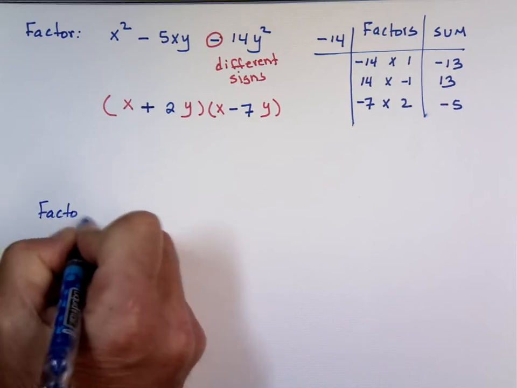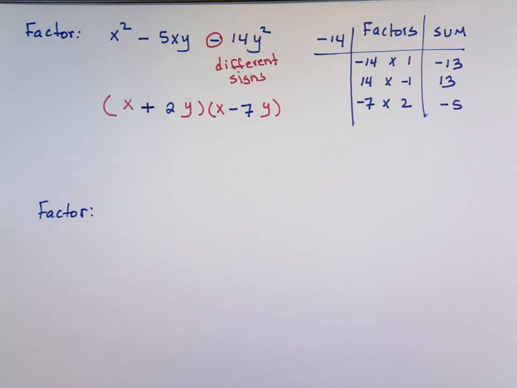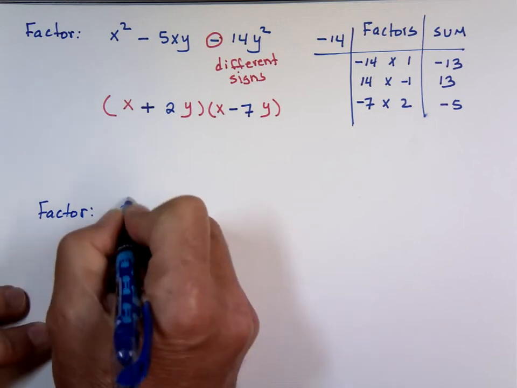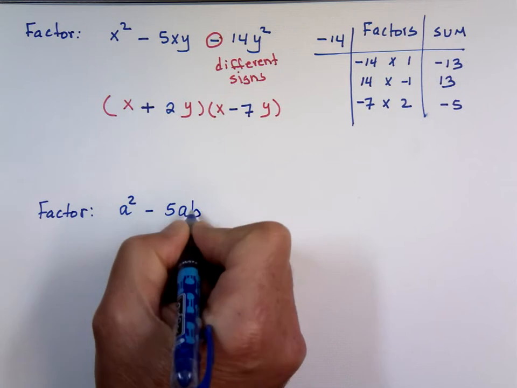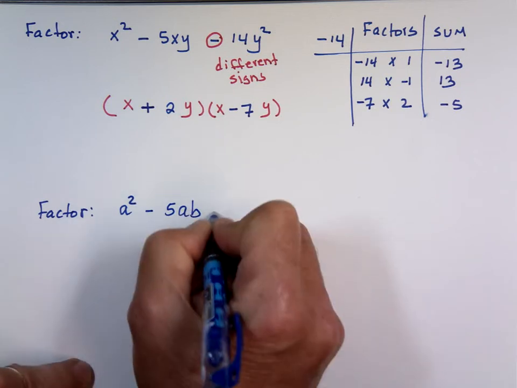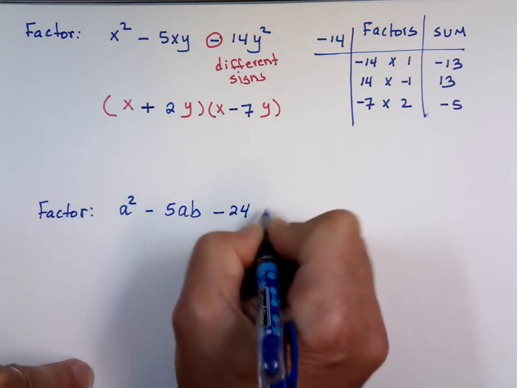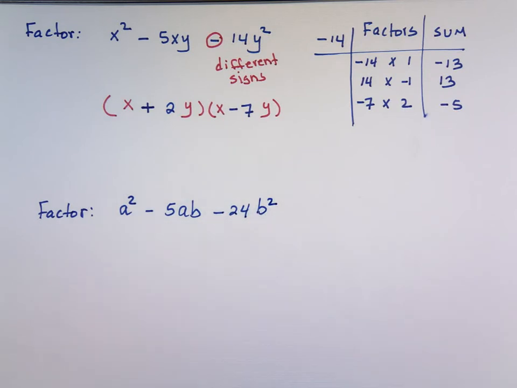Factor a squared minus 5ab minus 24b squared. Just like the previous one, you have a squared and b squared.